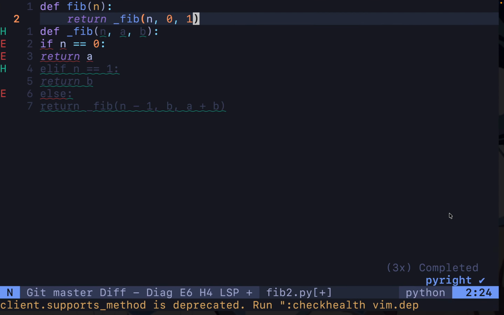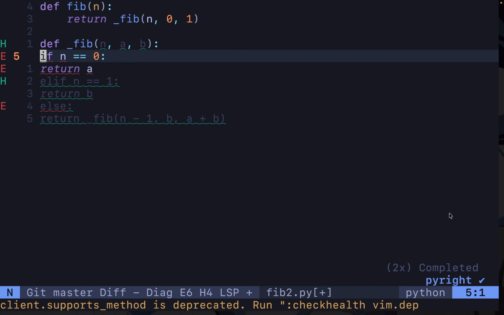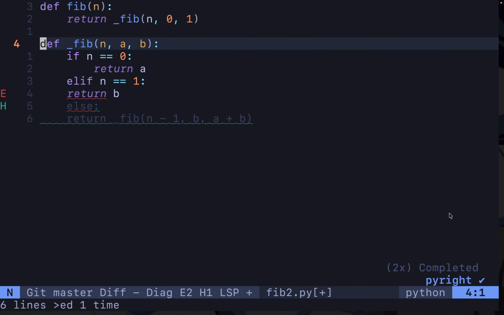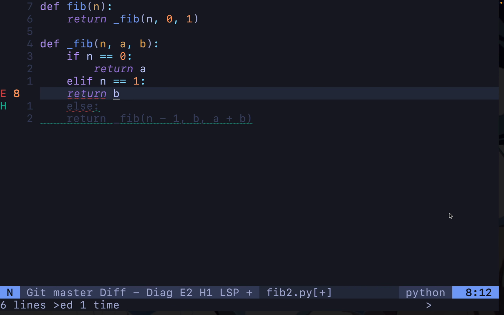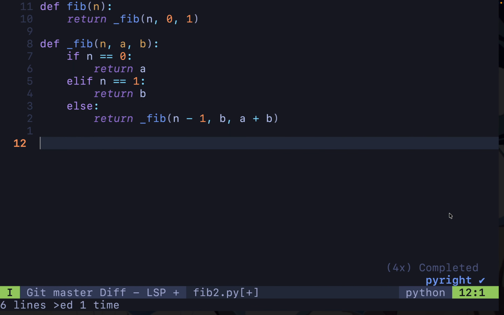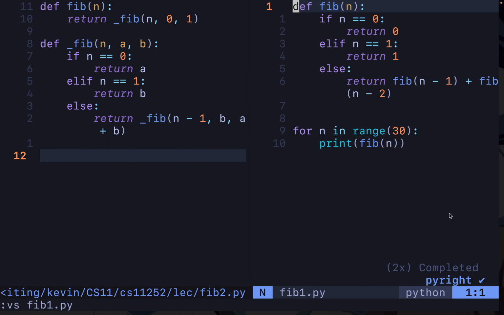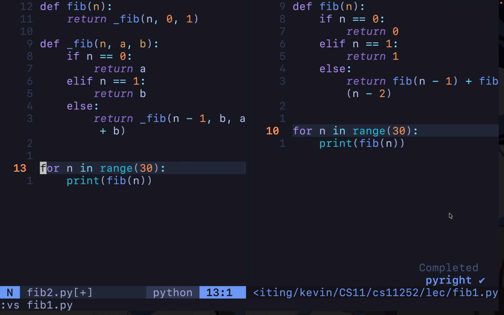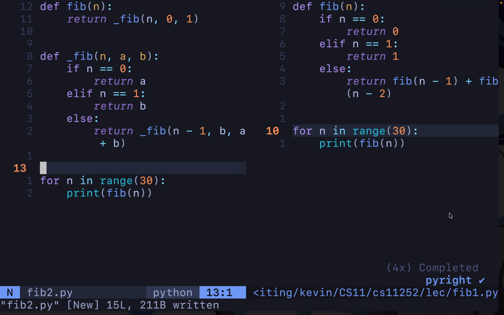For this one, this is the cumulative version. There are extra parameters here to keep track of the partial results. So if I now call the same thing, here I called 0 to 29, I'll do the same thing for this function over here.